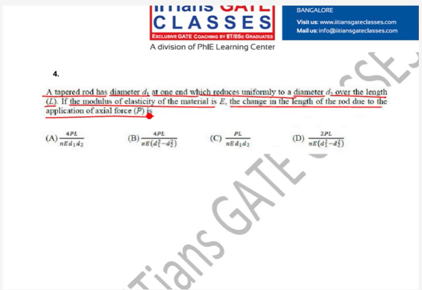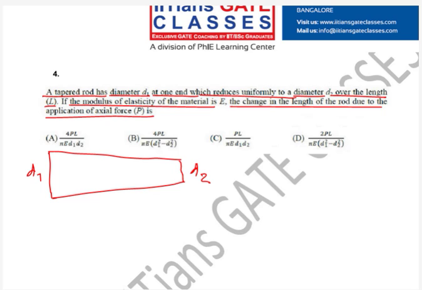Now a tapered rod has diameter d1, and it is uniformly decreasing to a new diameter d2. Guys, this is one of the solved problems from GATE.